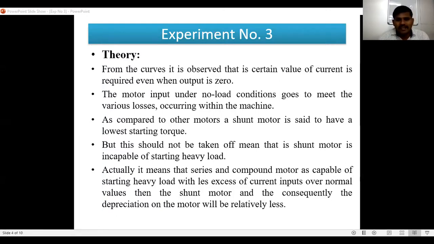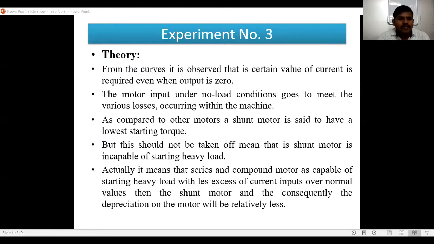So याचं meaning असं नाहीये की DC shunt motor is not capable. That means it is capable of starting at a heavy load condition also. Actually, it means that series and compound motors are capable of starting heavy load with less excess of current input. Okay, with less excess amount of current input.